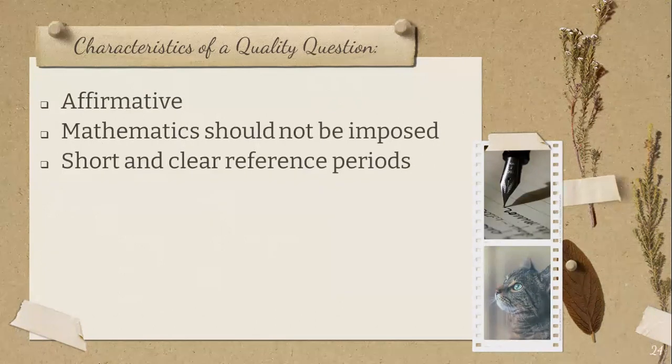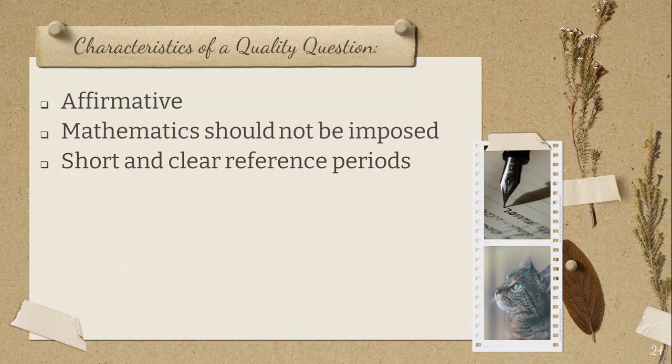Question does not require one to compute as much as possible. And the last one, it must have a short and clear reference period. Question reference must be clearly stated, and the reference question must be just after or before it. And if possible, just avoid question reference.